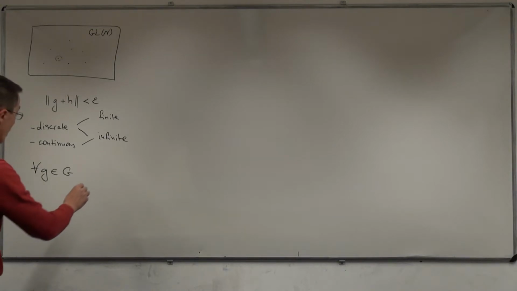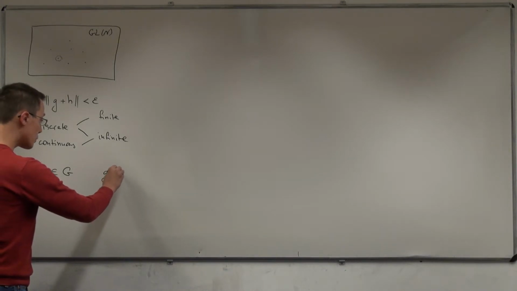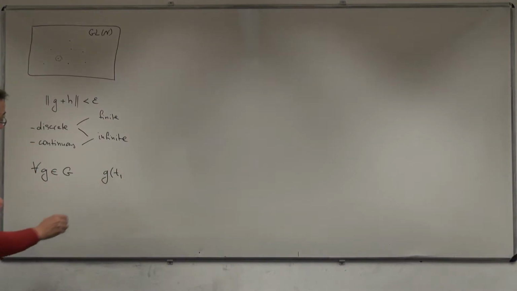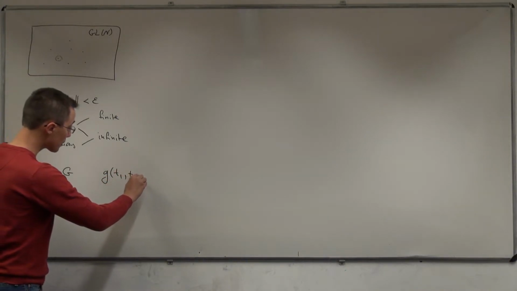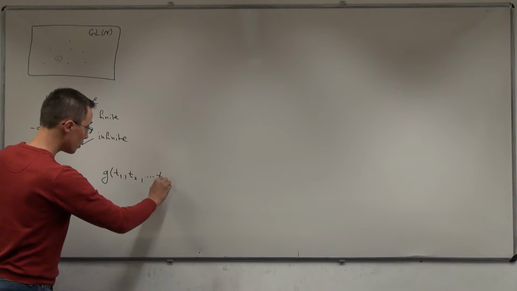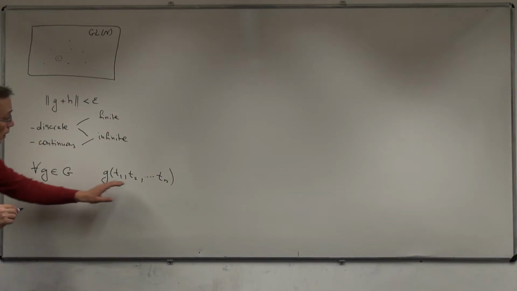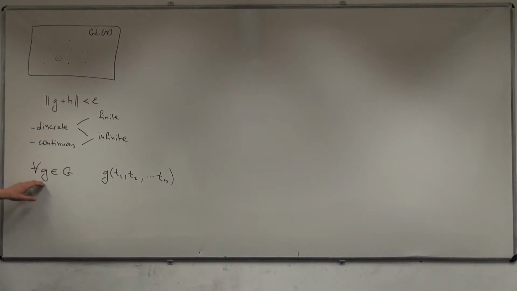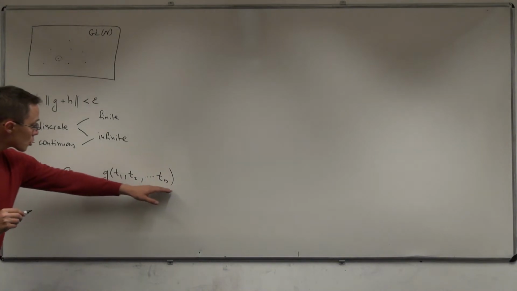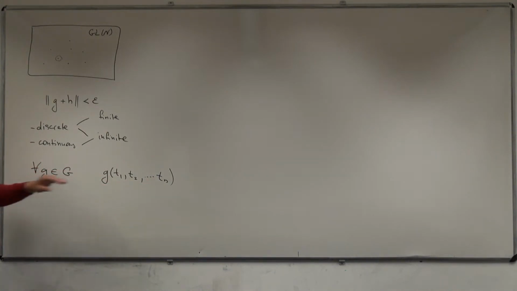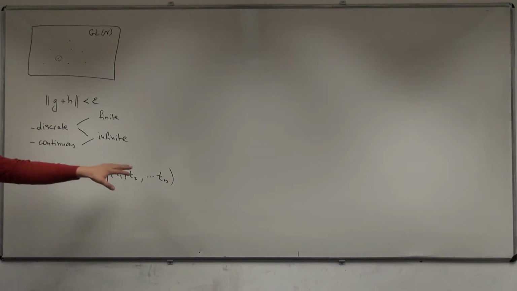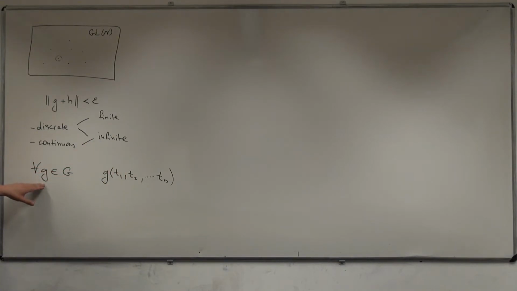So there should be such a set of parameters as would make the element of this group a function of those parameters. So T1 to Tn, let's say there will be n parameters, and in a small epsilon neighborhood of the element G, this should be differentiable. In that case, if such a parameterization exists at every point in the group, then the group is called a continuous group or a Lie group.